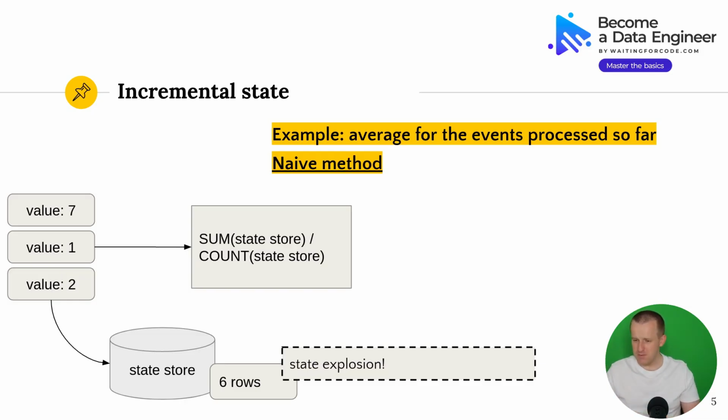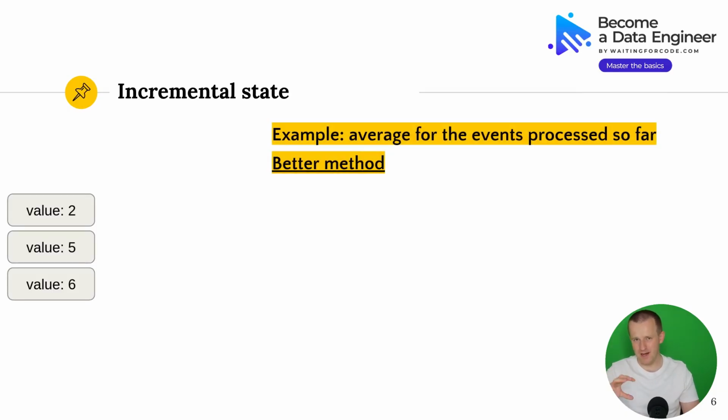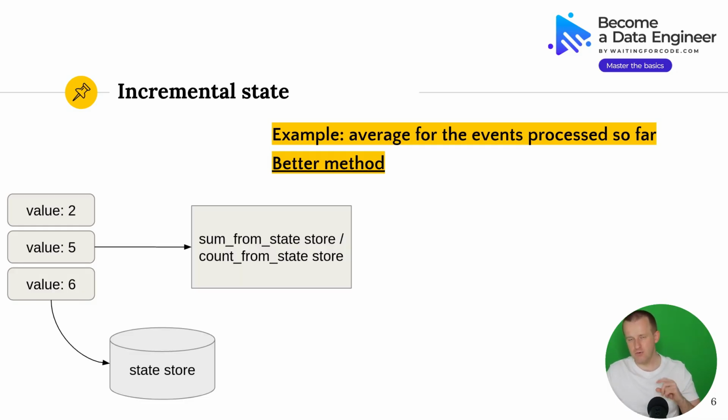With the incremental state store method, there is something much smarter you can do. And I think that with this example you will understand why we can apply it only to some specific use cases. Again, we want to compute the average, but here, instead of storing all rows one by one, we simply store 2 values.